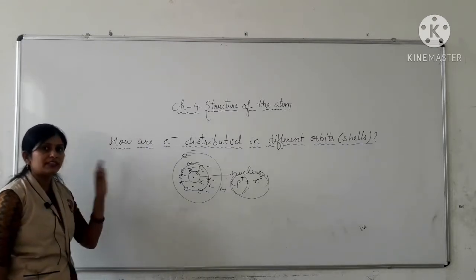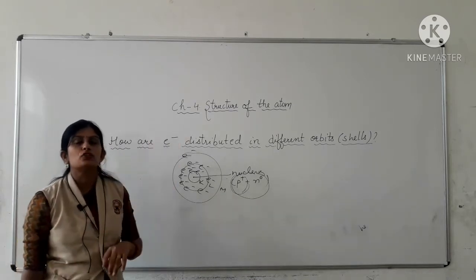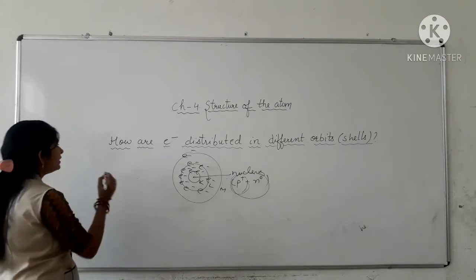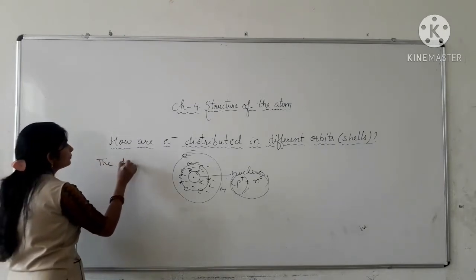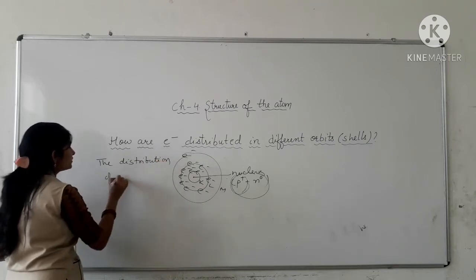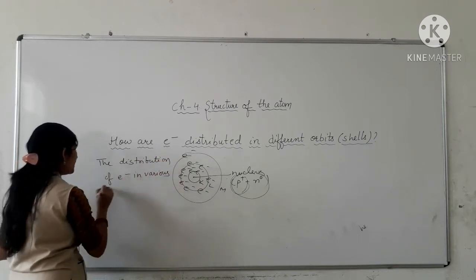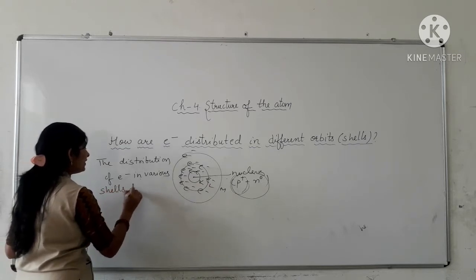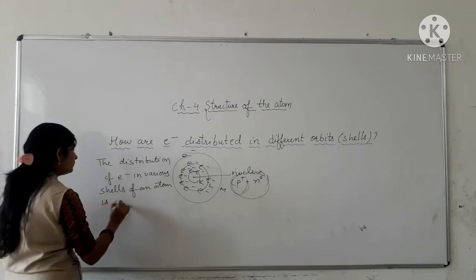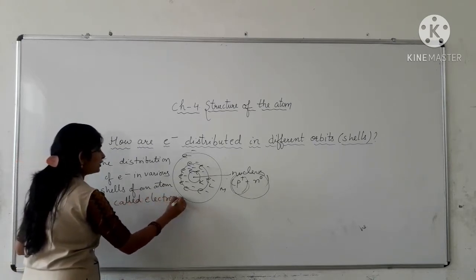So now we will study how electrons are distributed in different shells or orbits. The distribution of electrons in various shells of an atom is called electronic configuration.